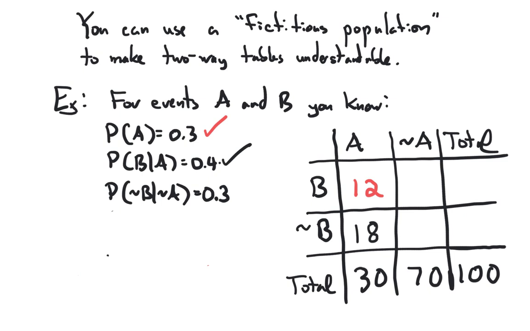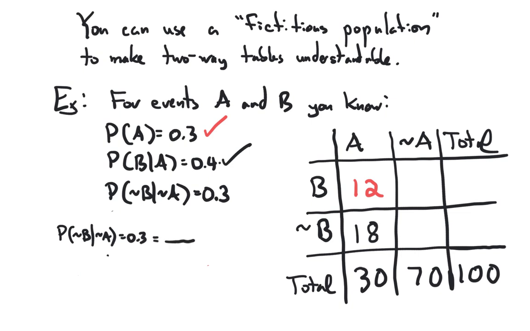So we know that if we're in not A, that's these 70 people that aren't in A. So we know that the probability of not B given not A, well, we know that's 30% or 0.3.